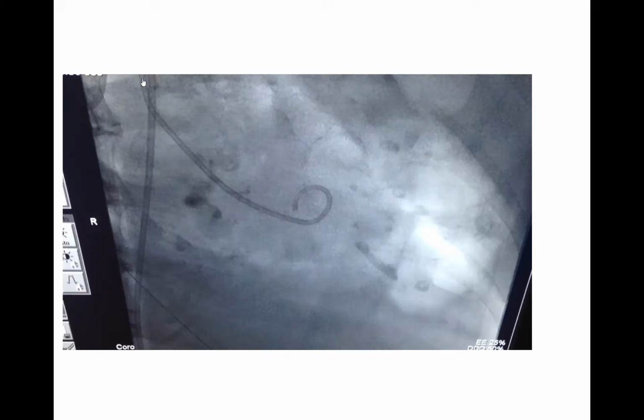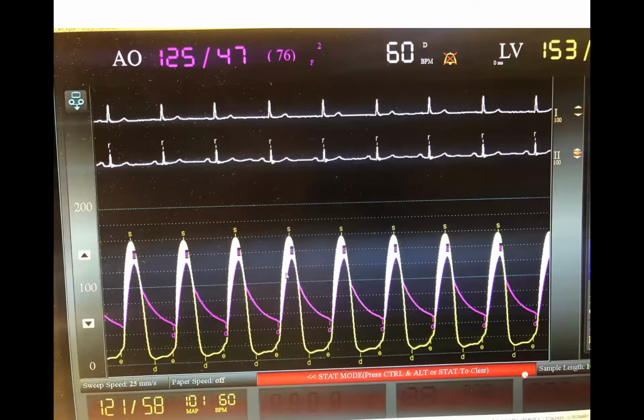One issue with that catheter is that you get a nice LV tracing because the pigtail has multi-holes. It's not damped. You get a nice tracing, but the aortic tracing tends to be damped. So you can create a problem when you do double lumen. The LV is nice, but the aorta can be damped. And so that can create a false gradient, okay?